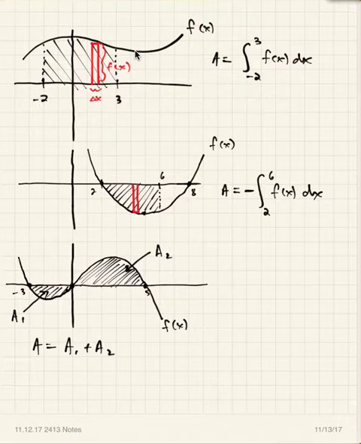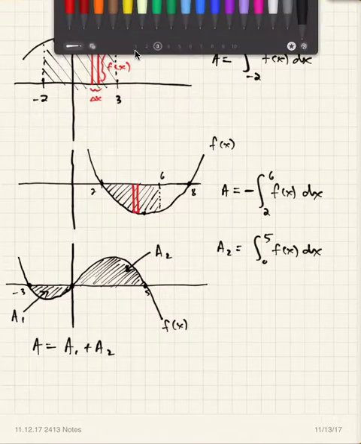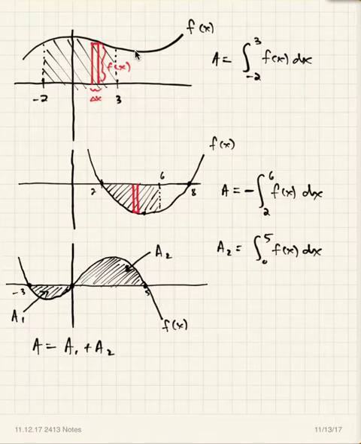Now A2 is easy. A2 would simply be our integral from 0 to 5 of our function. That region is above the x-axis. If we look at an approximating rectangle on that region, it sits above the x-axis and its function value is positive.